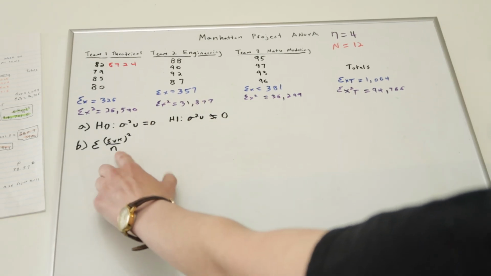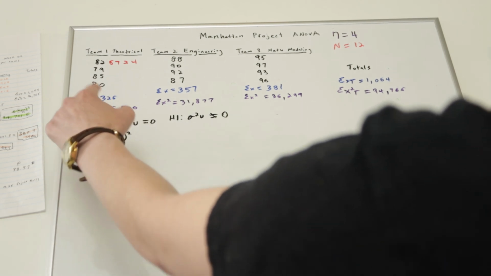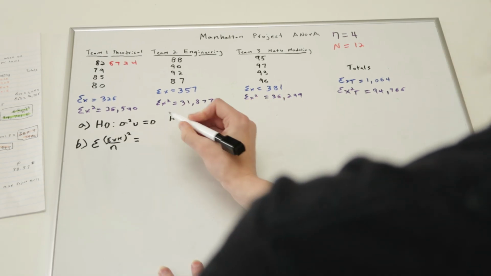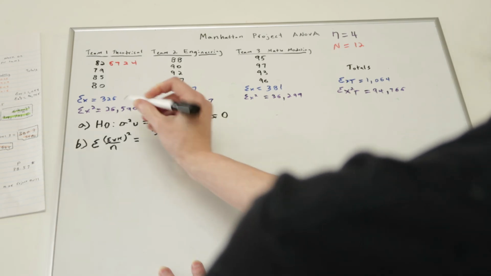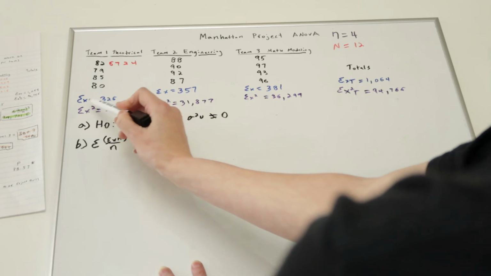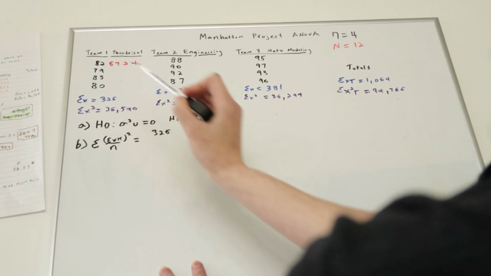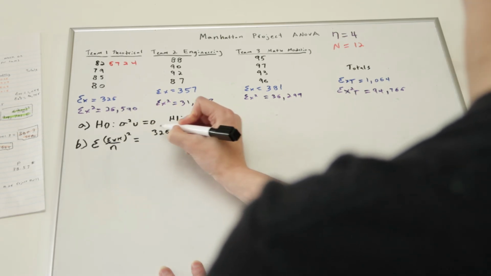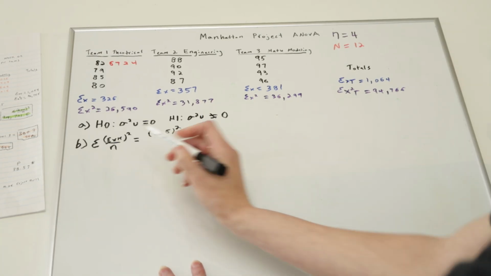All this means is that we're taking 326, which is right here. K is group, so we're taking the sum of scores of the first group, 326. We're going to put parentheses around this because we are going to square that number.